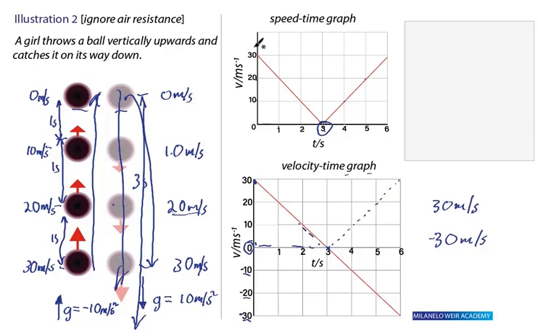Distance cannot have negative values, because it is a scalar. A scalar does not have direction. If we include negative values in a speed-time graph or distance-time graph, then your distance becomes displacement and your speed becomes velocity, right? So remember, speed is a scalar, not a vector.